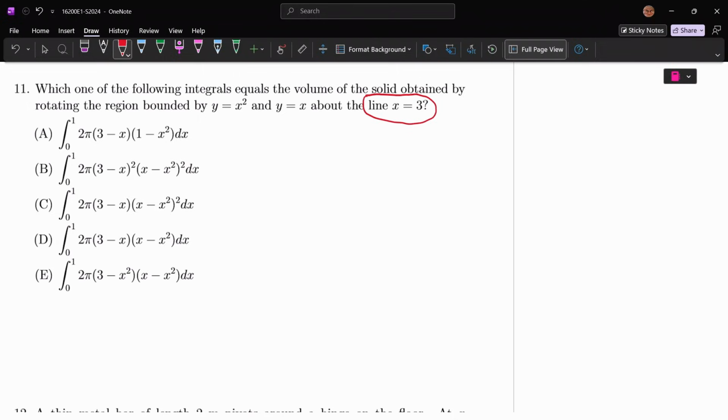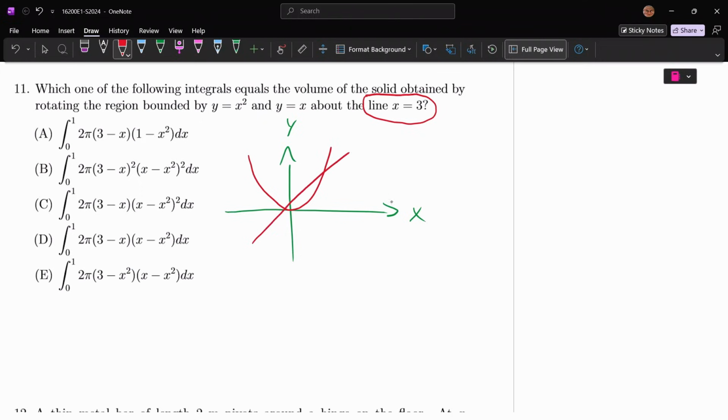So that's going to make things a little bit more tricky. Let me draw out what we're working with here. We have our two-dimensional plane of x and y, and the region is bounded by y equals x squared, which looks something like this, and by y equals x, which looks something like this.